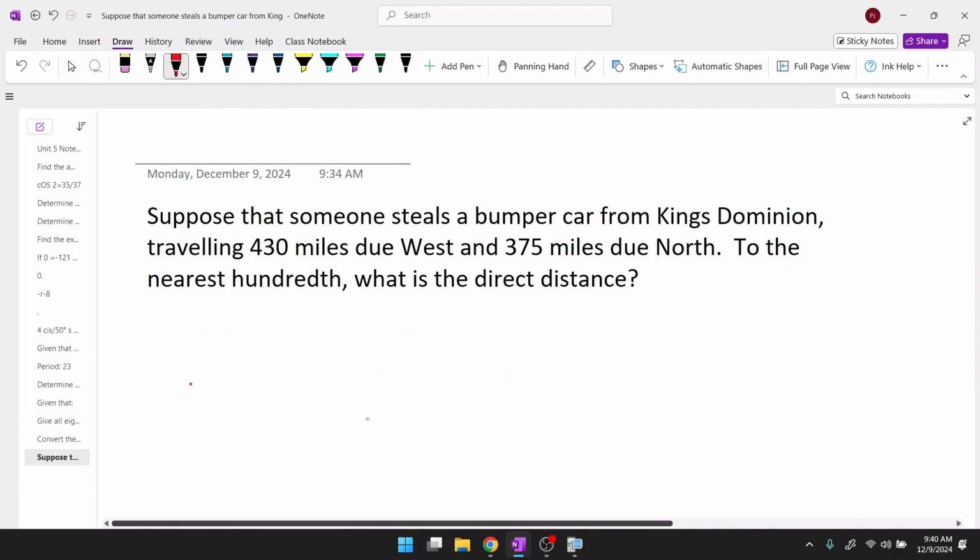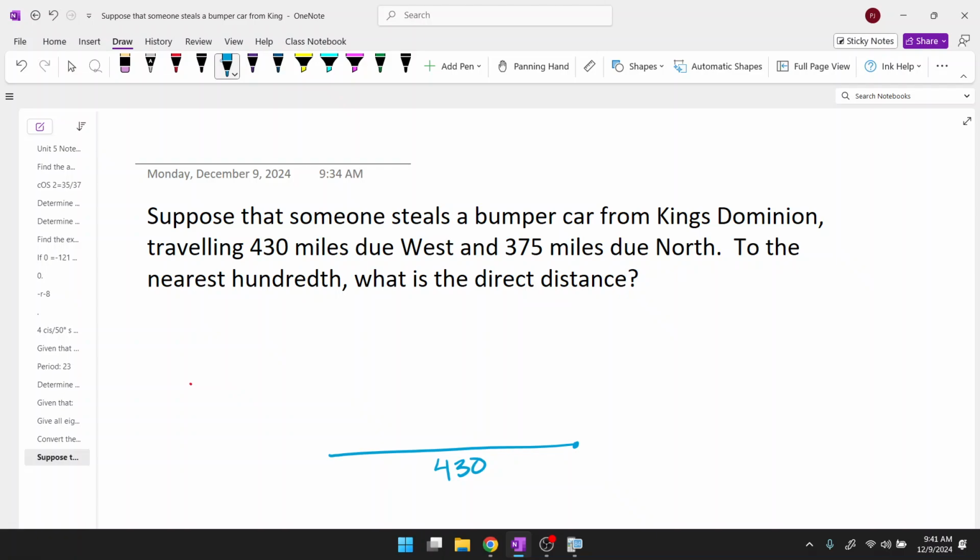What's it called? A bearing or anything. I'm not going to throw one like that at you. So let's see here. Yes, so we're going to go 430 miles due west. Yeah, I know, I'm a little creative here. And 375 due north. So basically, this is just a Pythagorean theorem question.